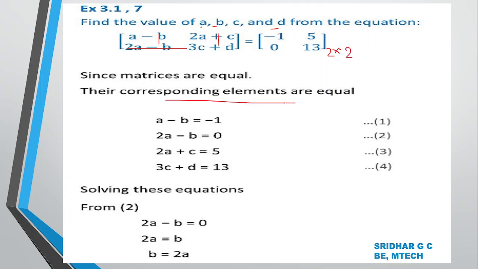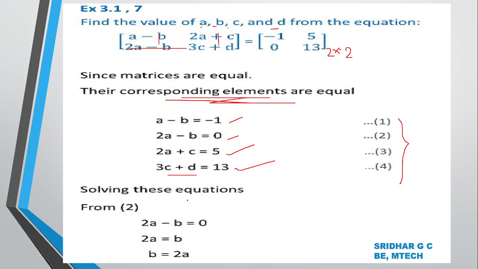So corresponding elements will be equal. Equate and write the equations. A minus b equals minus 1, 2a minus b equals 0, 2a plus c equals 5, 3c plus d equals 13. So this is the way we can write the equations.